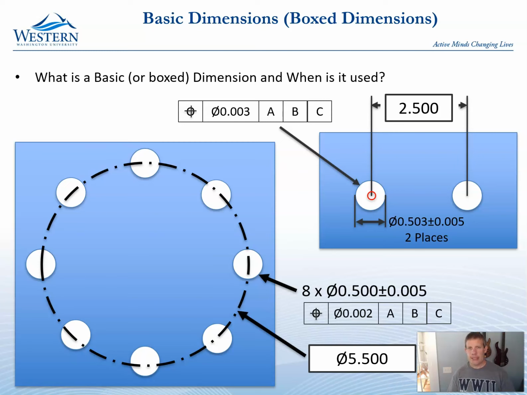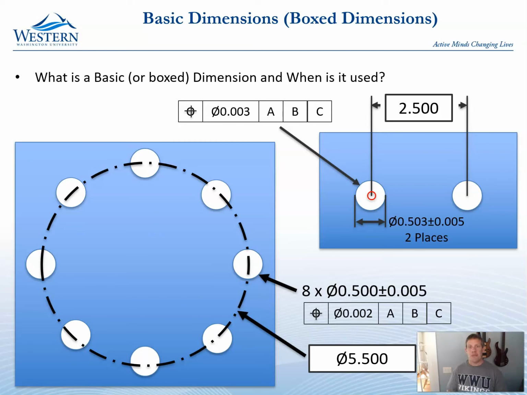If we have cylindricity on a hole, we're looking at, does the hole line up to a cylinder? Is it bigger or smaller? Is it oval or round? Is it straight along its length? All of those things are part of the cylindricity callout.